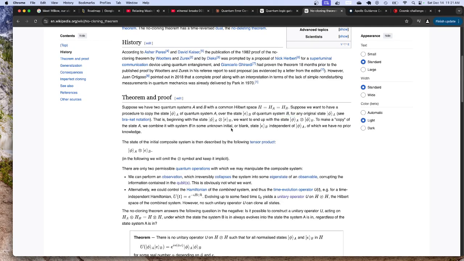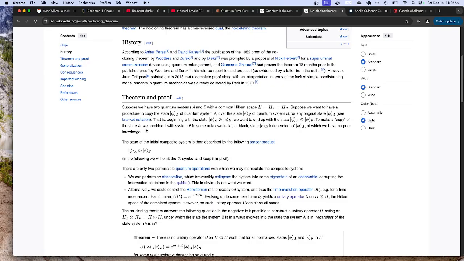We want to end up with the state A. To make a copy of the state A, we combine it with system B in some initial or blank state, independent of A, of which we have no prior knowledge.